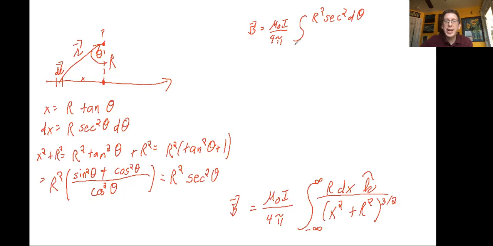And again, you're going from negative pi over 2 to positive pi over 2, because at negative pi over 2, x is negative infinity, and at positive pi over 2, x is positive infinity. In the denominator, x squared plus r squared is r squared secant squared theta, but you're taking that to the 3/2 power, so that the 2's become 3's. So this is capital R cubed secant cubed theta.